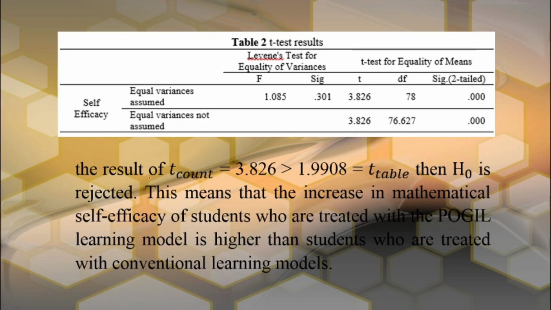The result of the t count is higher than the t table, and H0 is rejected. This means that the increase in mathematical self-efficacy of students who are treated with the POGIL learning model is higher than students who are treated with the conventional learning model.